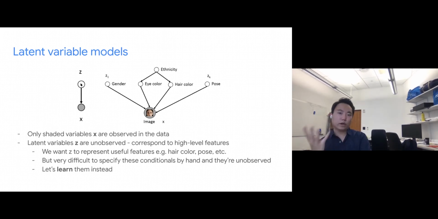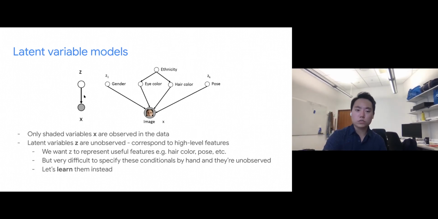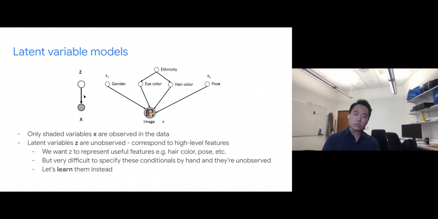These are essentially the ones that you want to learn. And these directed edges basically model this generation process, in this case going from Z to X. So you model your conditional distribution P of X given Z. You only have a data set with these shaded variables X that are observed. You have these unobserved latent variables that you would like to correspond to high-level features, such as gender, eye color, hair color, and pose.